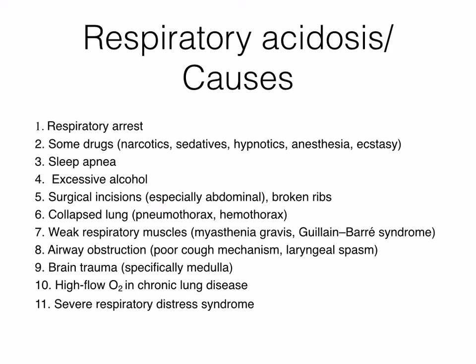Decrease. Now, I think I have talked about this in the class about high flow oxygen in chronic lung disease, such as in COPD, because here the client's drive to breathe is hypoxia. So when a patient has a chronic lung problem, her drive to breathe will no longer be hypercapnia, but will be hypoxia.